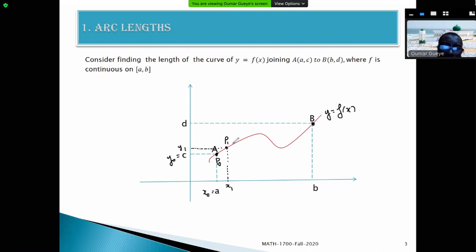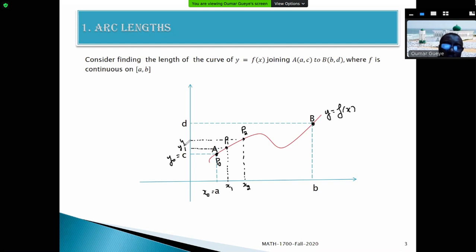And so on. Let's say for P2, the third point, I'm going to take it here. Its x coordinate I'm going to call x2, and its y coordinate y2, and so on.